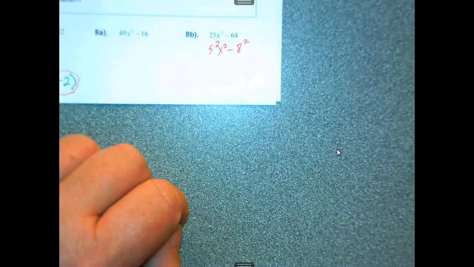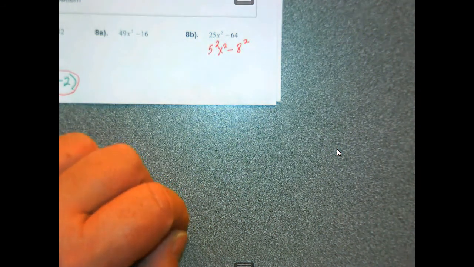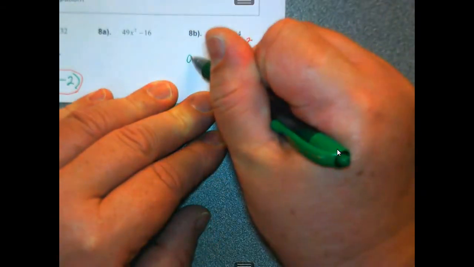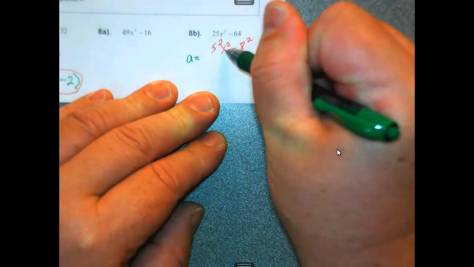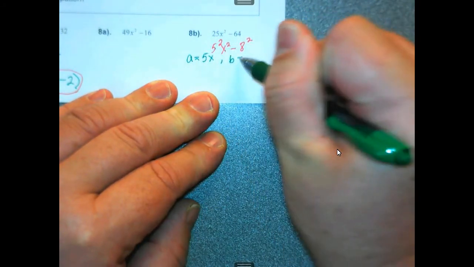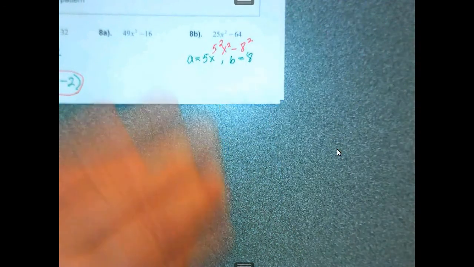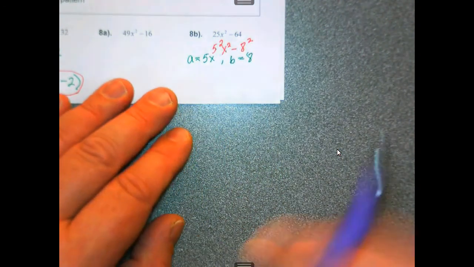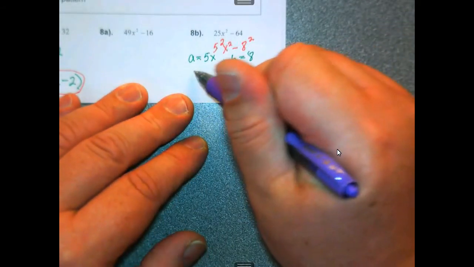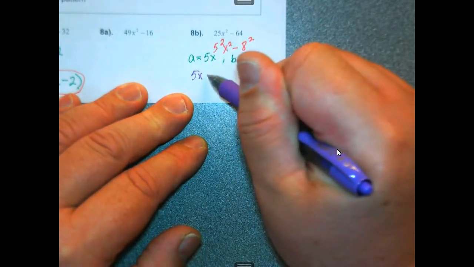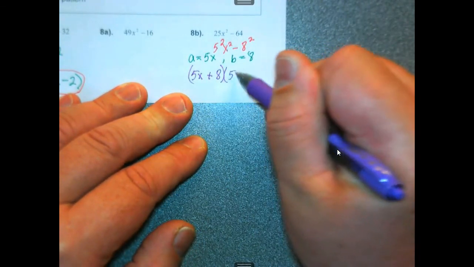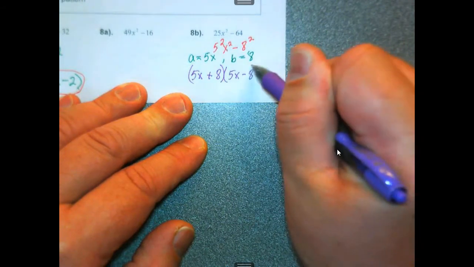Okay. Got to use our bases for a and b. A plus b, a minus b, right? My a is the base 5x. My b is the base 8. So a minus b or a plus b, it doesn't matter which one you put first. A plus b, a minus b. And I'm done.